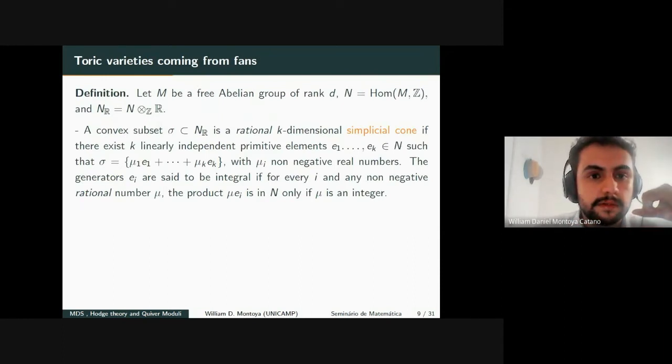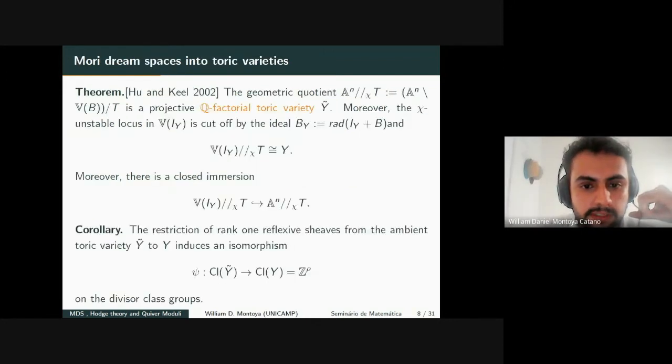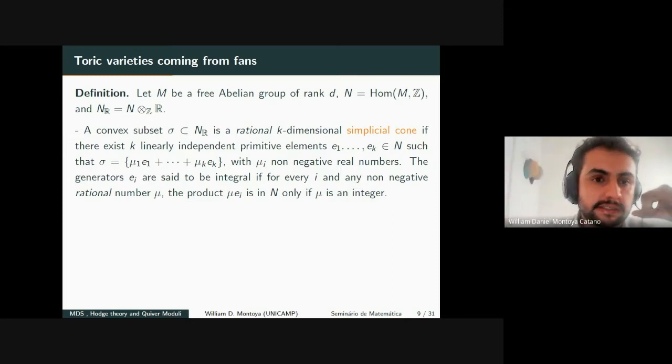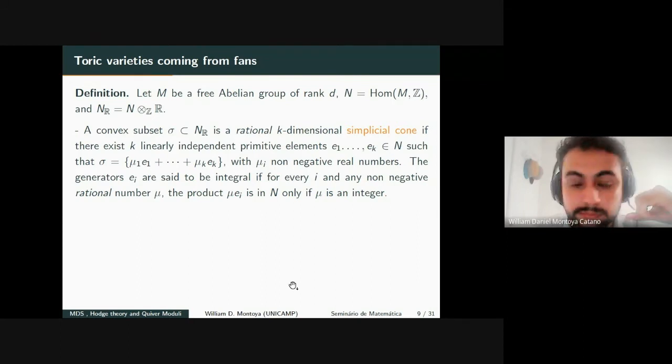Okay, I don't have too much time. Here, there is another way to construct them. Another interesting thing about toric varieties is that they have many different approaches. You can approach them from a differential geometric perspective, and also from a numerical perspective, as described here, as a fan. I'm not going to enter into more details about this because I don't have too much time.